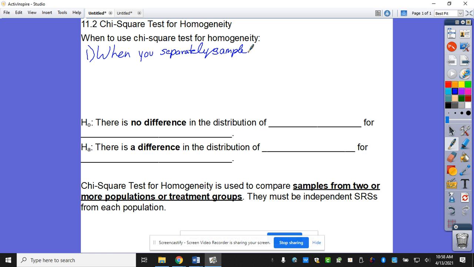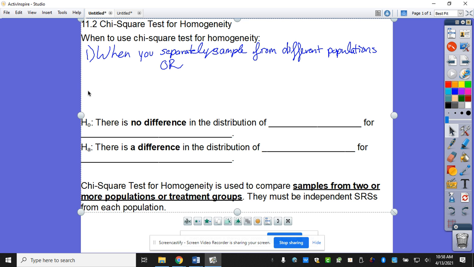So if you separately sample from different populations, that's like, I want to do some survey for the school, and I want to make sure the different grade levels are represented.